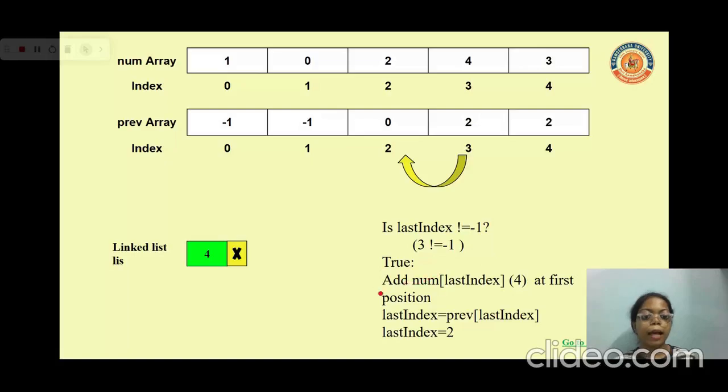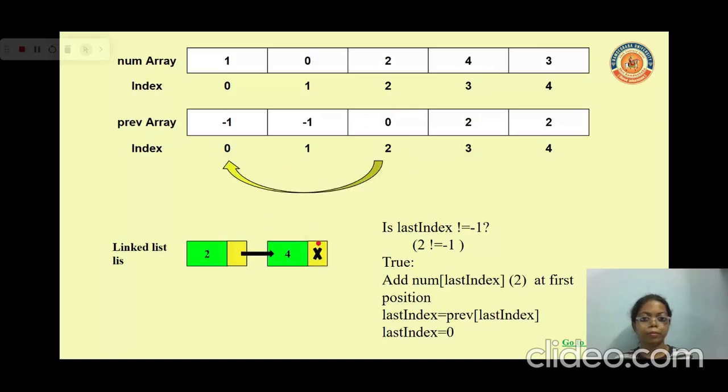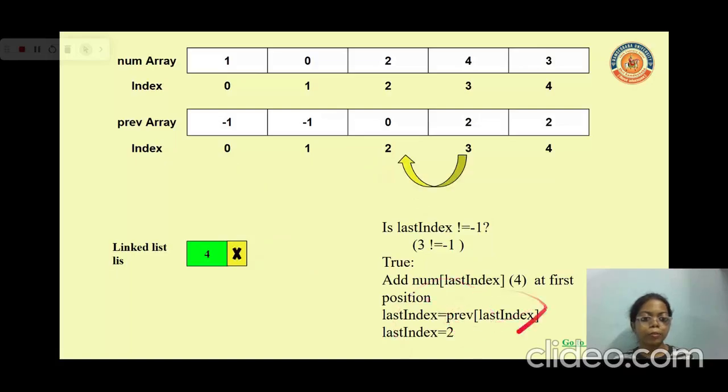So add the number at last index, meaning the number at this position, which is 4, to the first position on this linked list. Then we are updating last index with previous of last index, meaning this value is 2.